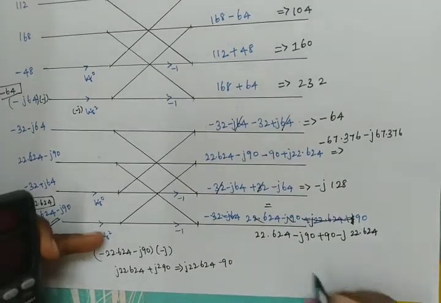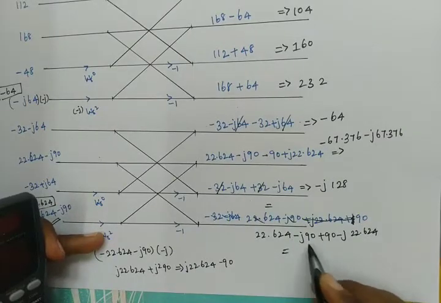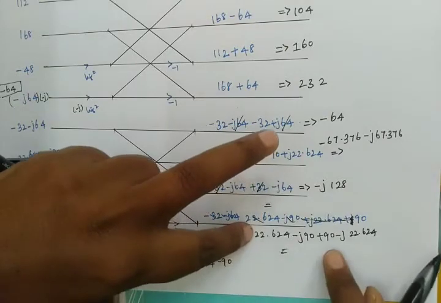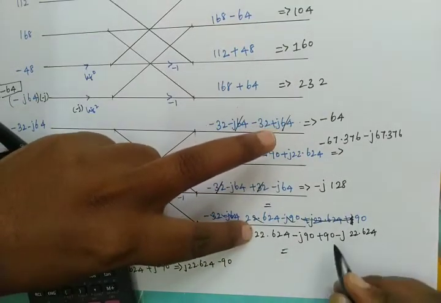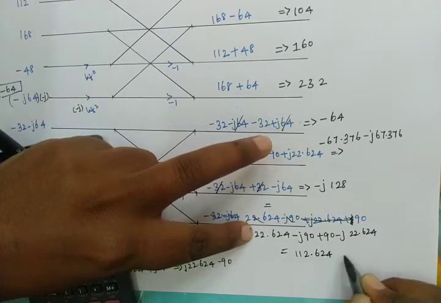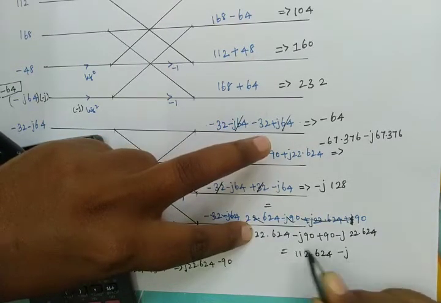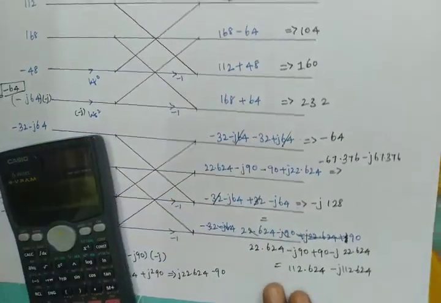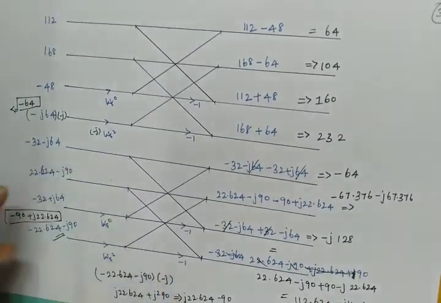Okay, now let us proceed, which is equal to plus, now let us write 22.624 plus 90. So we will have 112.624 minus j 112.624. So this is the answer for the next step.